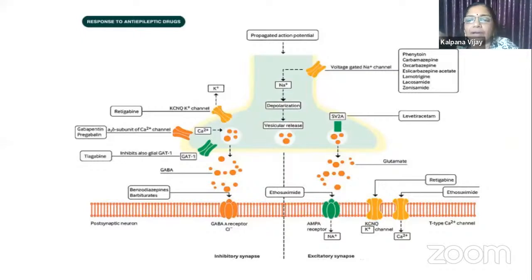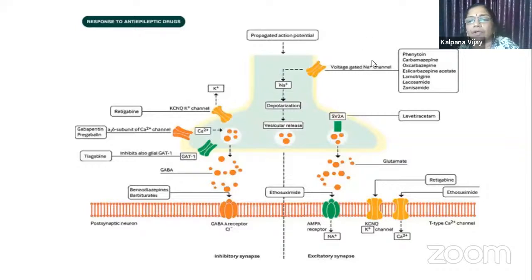You have to see all these things. One is the voltage gated sodium channel that will be seen presynaptically. So this is the presynaptic area, the terminal end plate, and this will be the postsynaptic region or the muscle membrane. So presynaptically, it acts on the sodium channel.